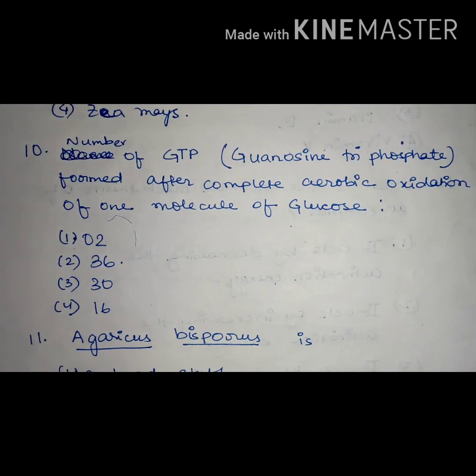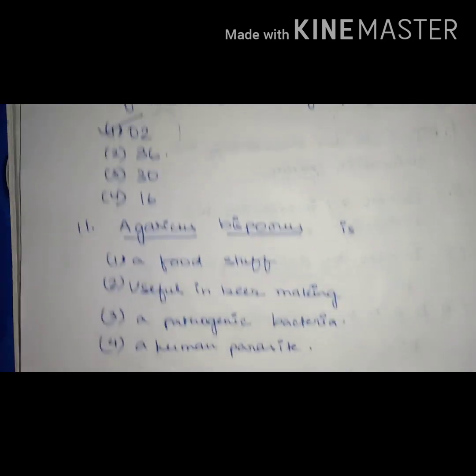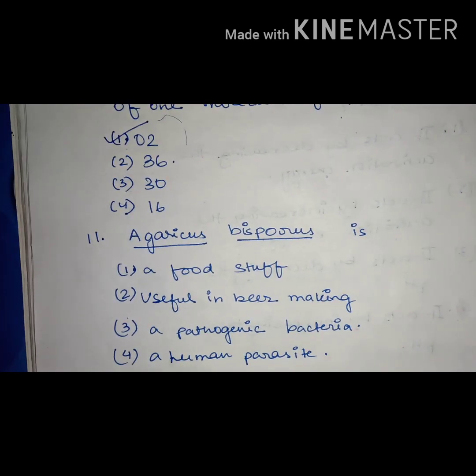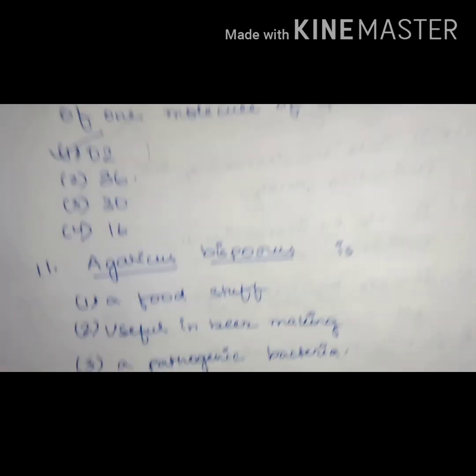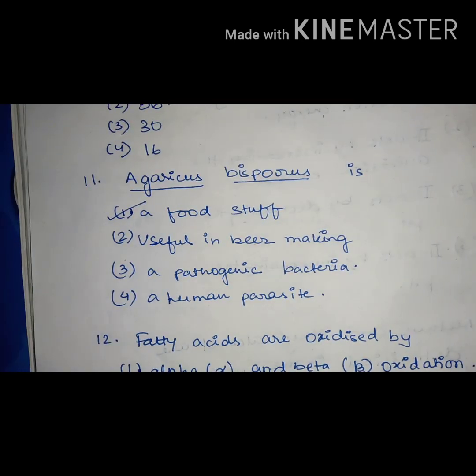Moving on to the next question. Number of GTP formed after complete aerobic oxidation of one molecule of glucose. The answer is 2. Agaricus bisporus is. The answer is number 1, a foodstuff.